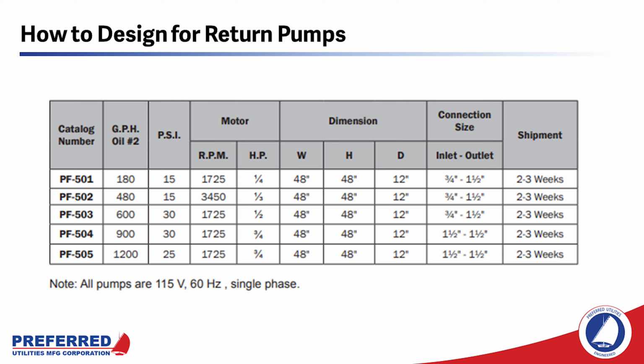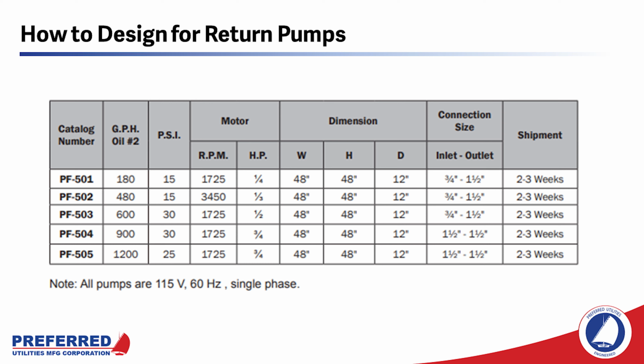So, for instance, that PF 505 pump at 1,200 gallons per hour will outrun the largest ATPS supply pump. That's a 206 at 1,100 gallons per hour, and it'll be a smaller motor. In this case, it's only 3/4 horsepower because it's less pressure.